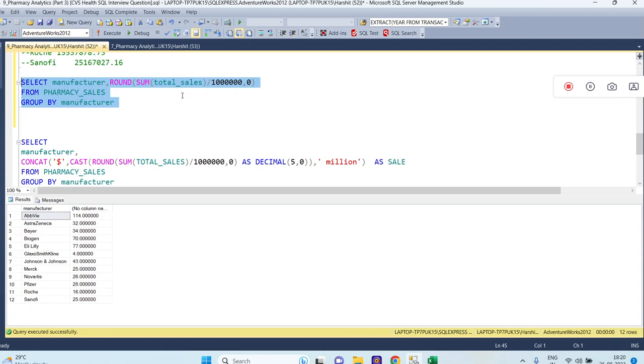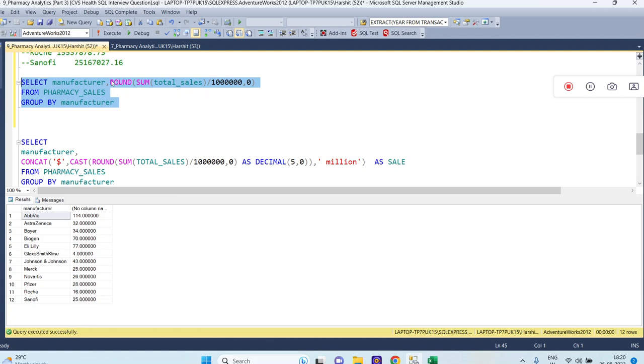Okay, it is rounding, it is converting all to 0000, like that. You can say rounding means 113.77 is converted to 114, right?